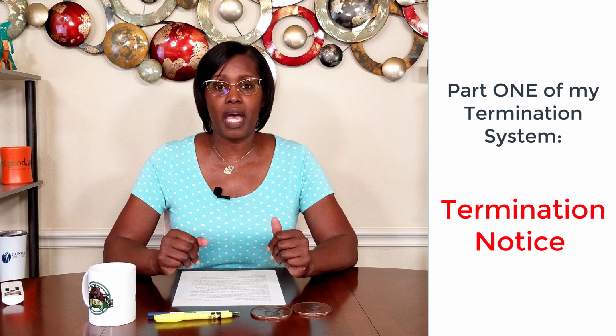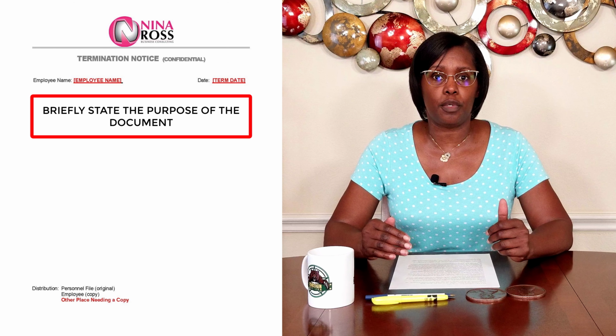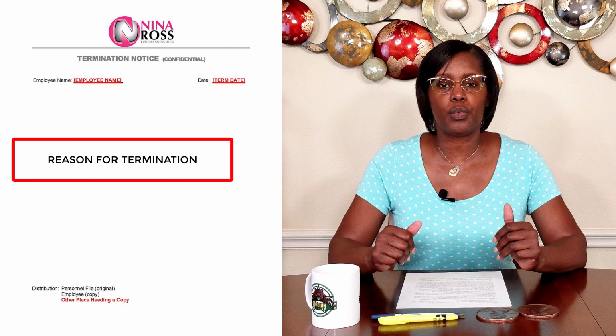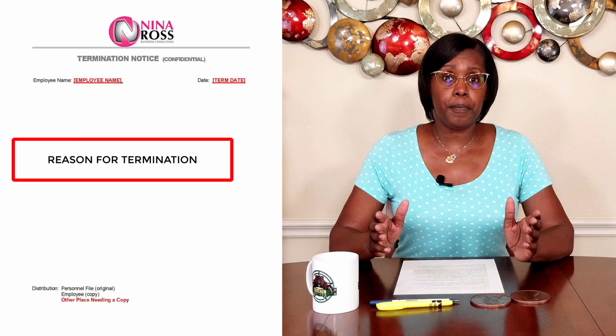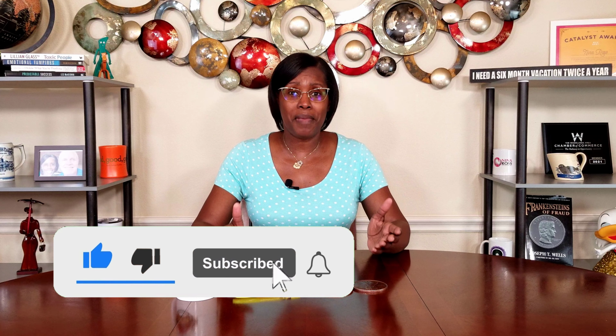Instead of a termination letter, I start out with something I call a termination notice. A termination notice explains to the employee the purpose of the document, and it discusses the reason why the employee was terminated. On a separate line, I clearly state you are being terminated for the following reason, and I list the reason there. And I make it as brief as possible.